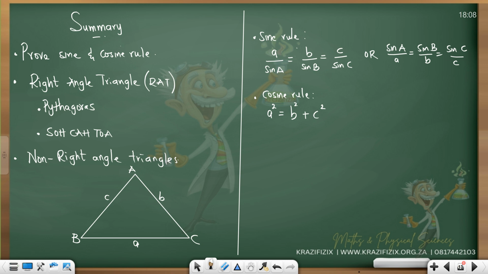Minus 2bc cos A, that's the standard formula. Here's what I quickly want to point out. I'm not going to worry so much about when to use sine rule. Please listen to me. I am going to worry about when to use cosine rule, and if cosine rule is not applicable, then I'll use sine rule.